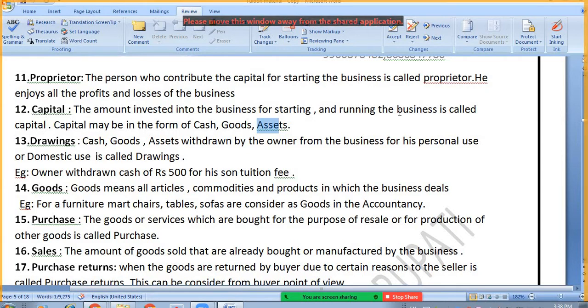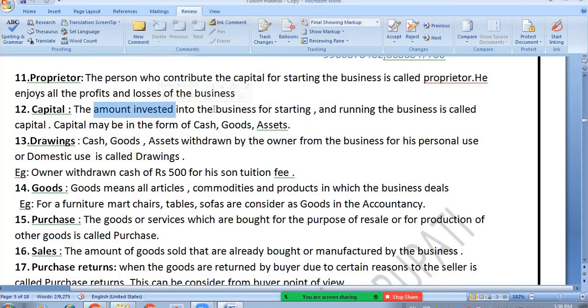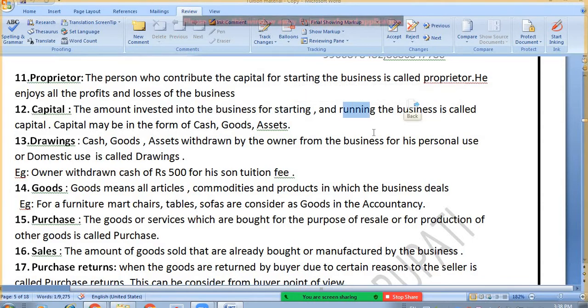So capital means the amount invested into the business for starting and running the business. Capital may be in the form of cash, goods or assets, whatever it may be.